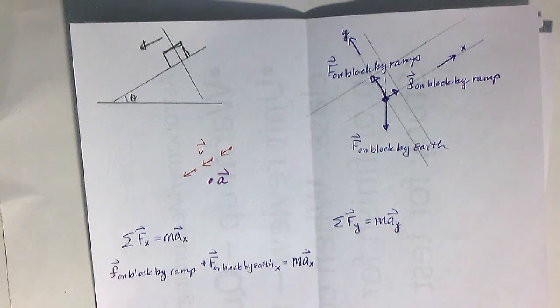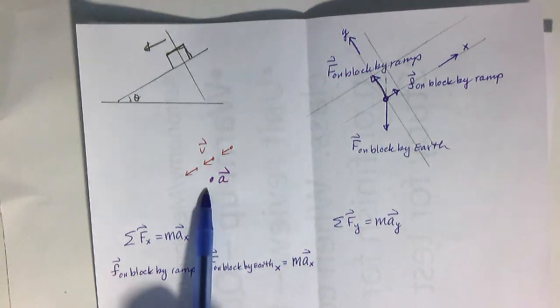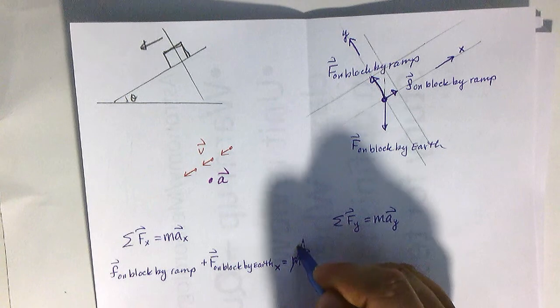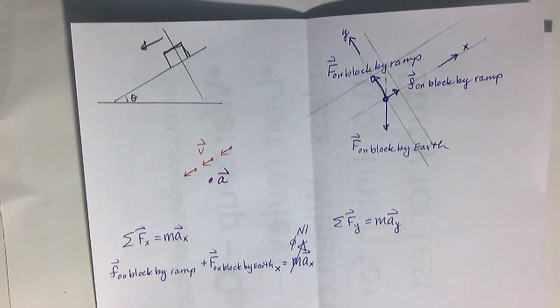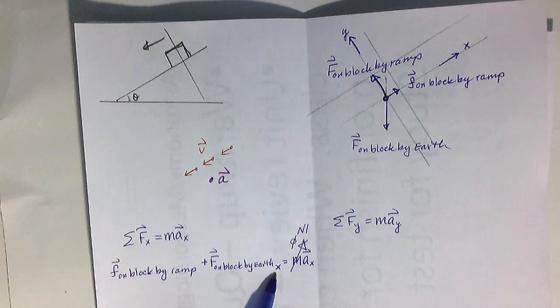Am I accelerating in the x direction? No, I'm not. So this goes to 0, Newton's first law. Now I substitute in magnitude and direction. Remember, the subscript x turns into a sine or a cosine.